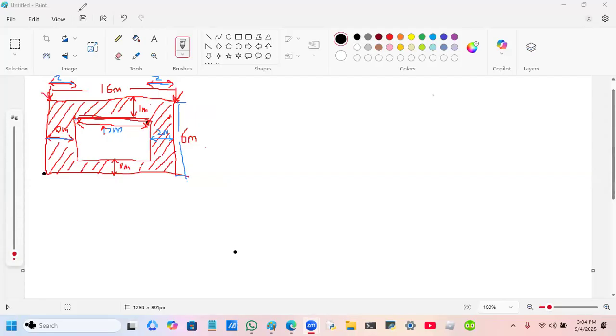So that 1 meter margin is parallel to its own 1 meter here. So that means I have 1 meter here, 1 here, and I have another 1 meter here that is parallel to the 1 that is here. Do you agree with that? So that means that I have 1 plus 1, which is 2. So 6 minus 2 will give me 4.